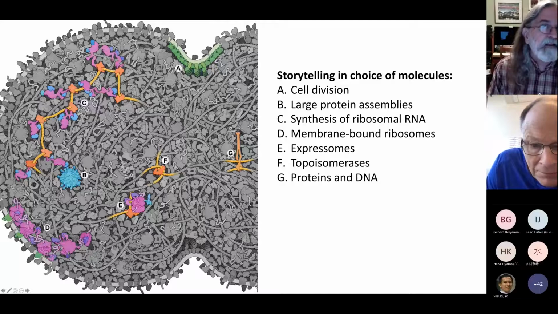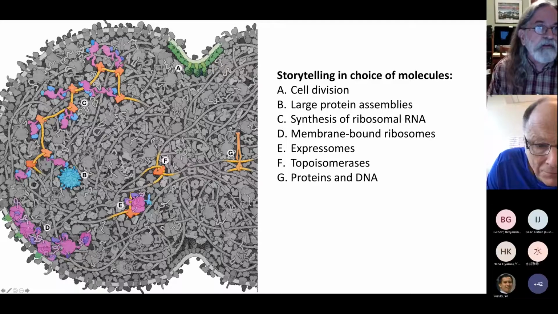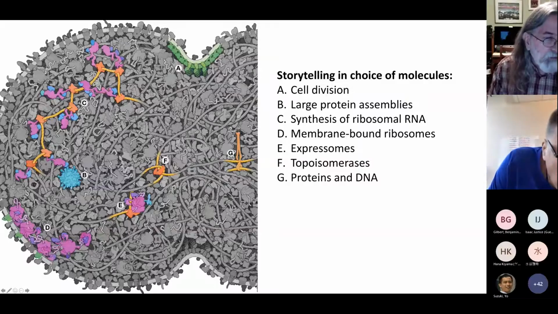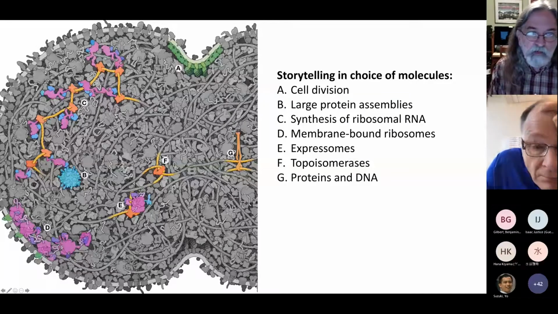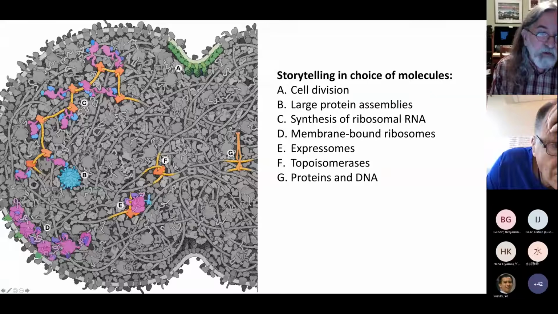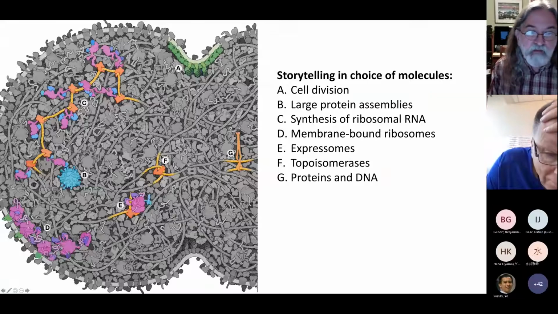Over here, marked C, there's a whole ribosomal RNA operon. Down at the bottom here, the whole process of initiation and signal recognition particle and ribosomes bound to the surface, expressomes, what could be more wonderful than having the whole central dogma in one structure.